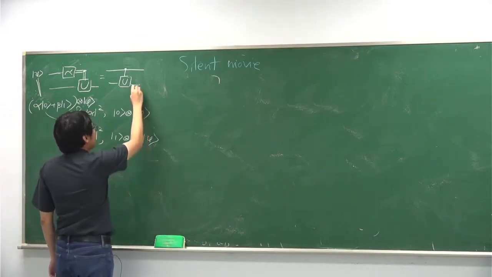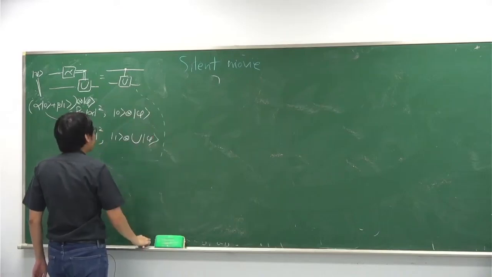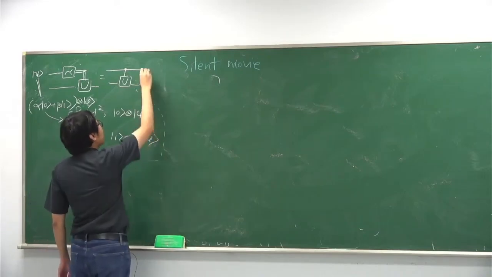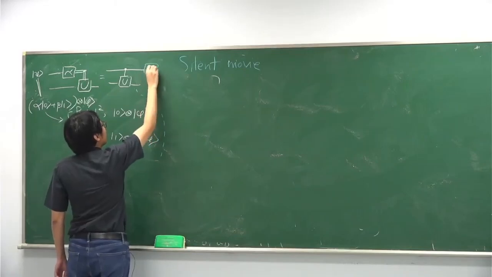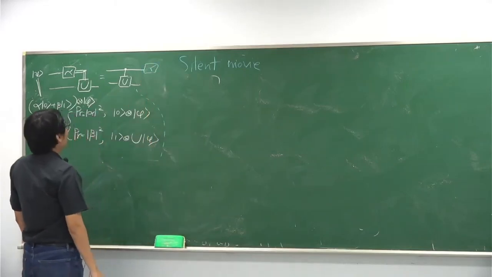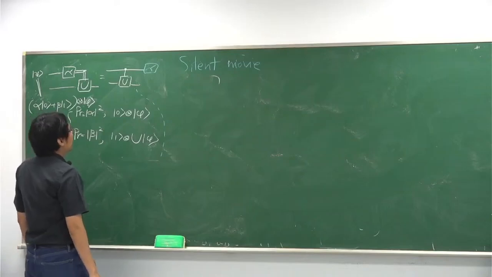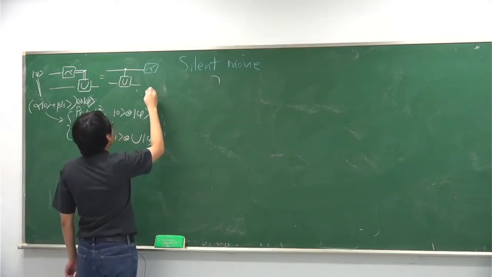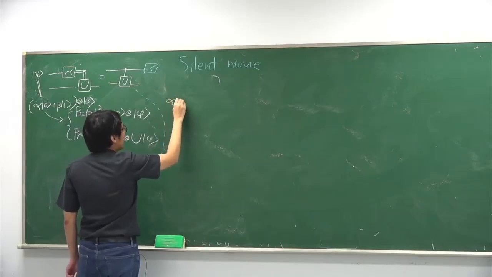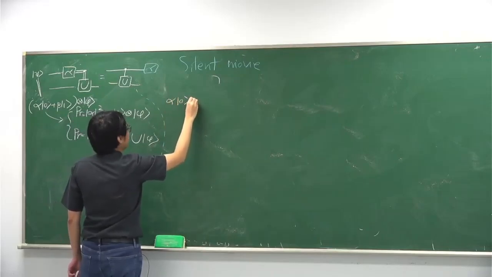On the other hand, if I do this, and then just for the sake of what we're going to do, we say that we make a measurement, because why not? At this point before the measurement, I will have a coherent superposition.